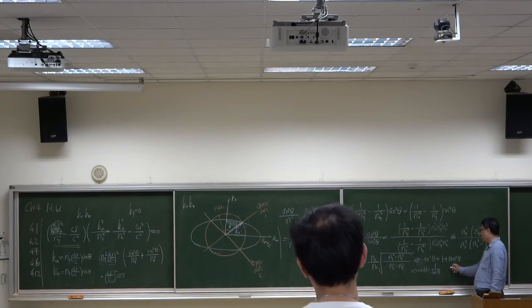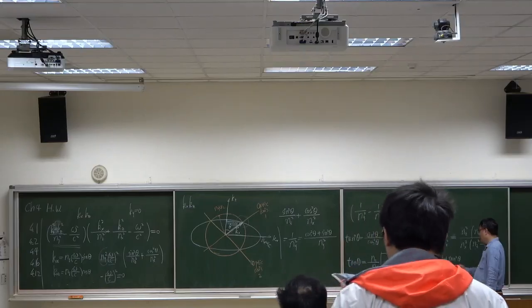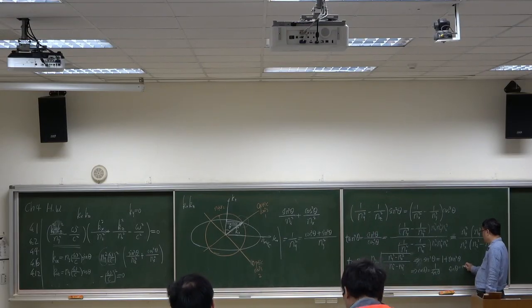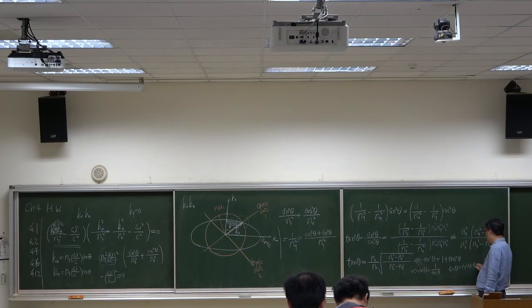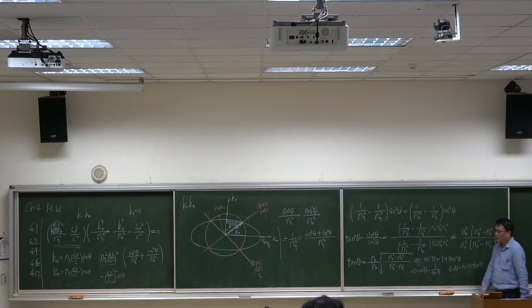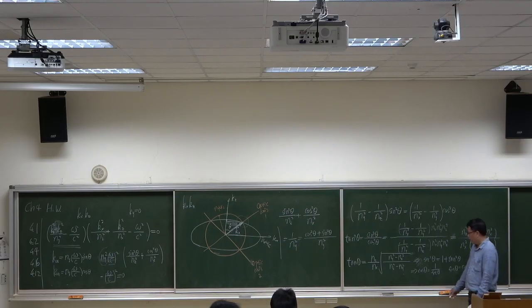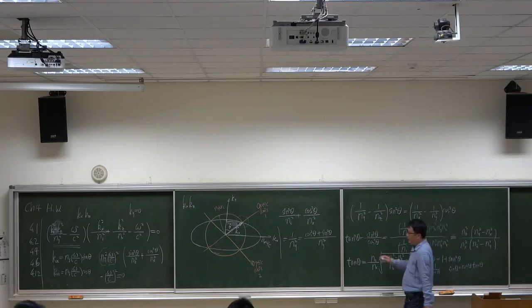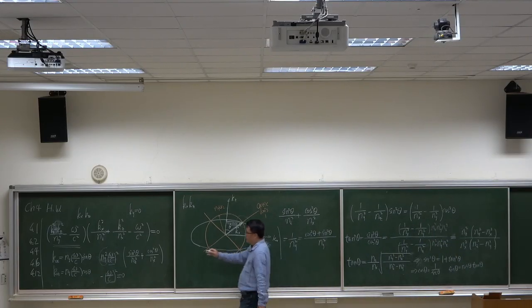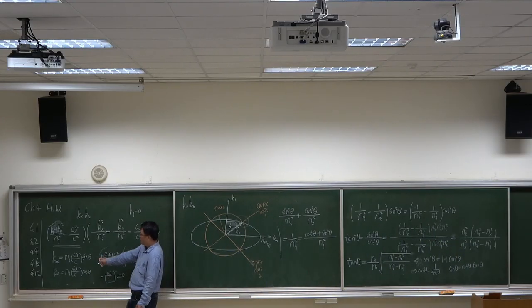And we can know sine theta. Sine theta is just cosine theta times tangent theta. Okay? So you can derive cosine theta and sine theta. And finally, you can find this K0x and K0z.